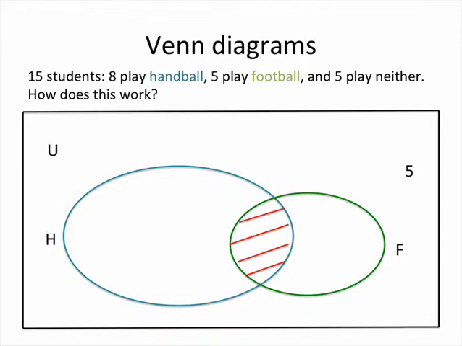We started with 15 students. We've already put 5 of them in the rectangle, so that reduces it to 10 students. And now 8 of them play handball, 5 of them play football. We've already worked out how many play both. That was 3. So we put 3 in the overlapping bit.